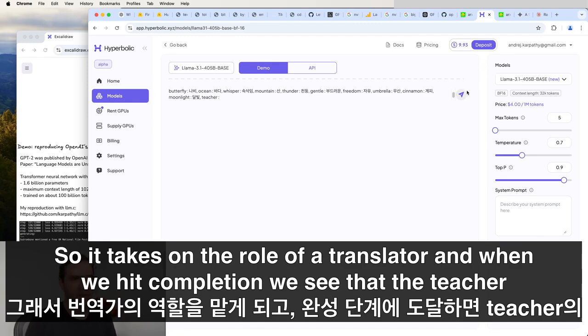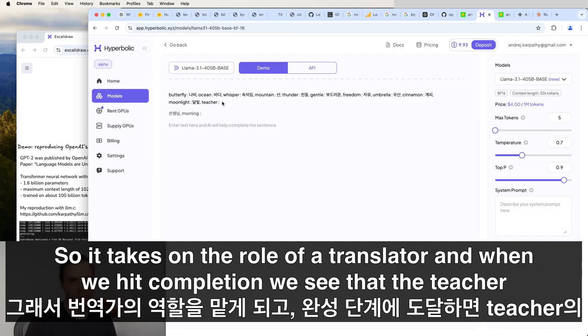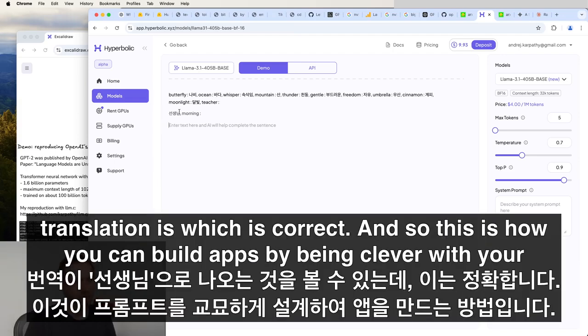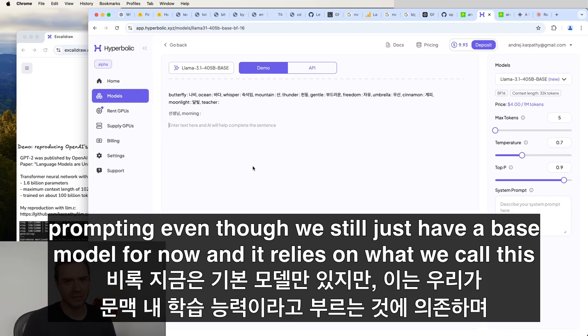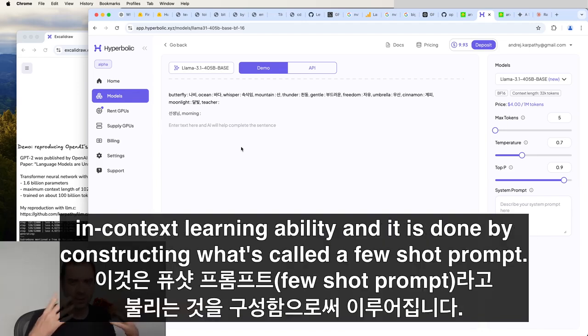When we hit completion, we see that the teacher translation is 선생님, which is correct. This is how you can build apps by being clever with your prompting, even though we still just have a base model for now. It relies on this in-context learning ability, and it is done by constructing what's called a few-shot prompt.